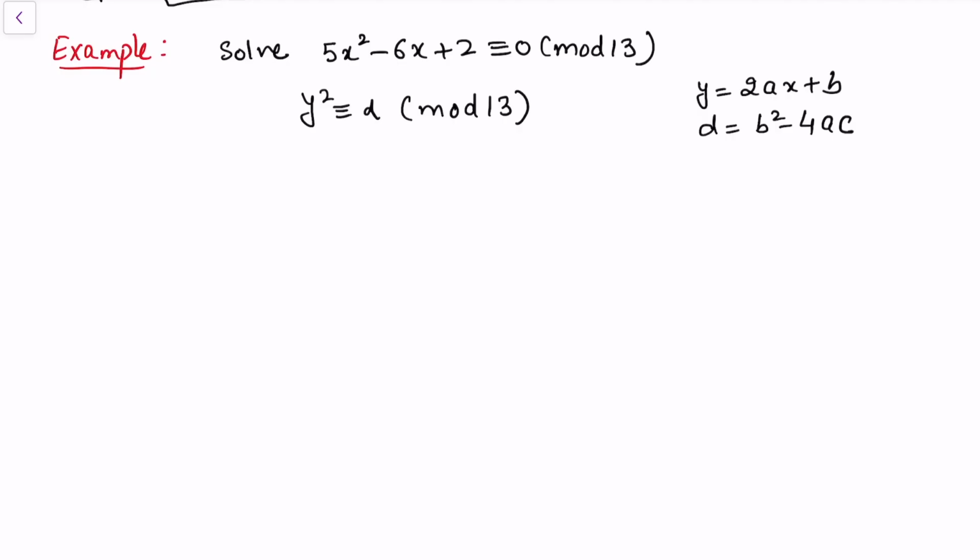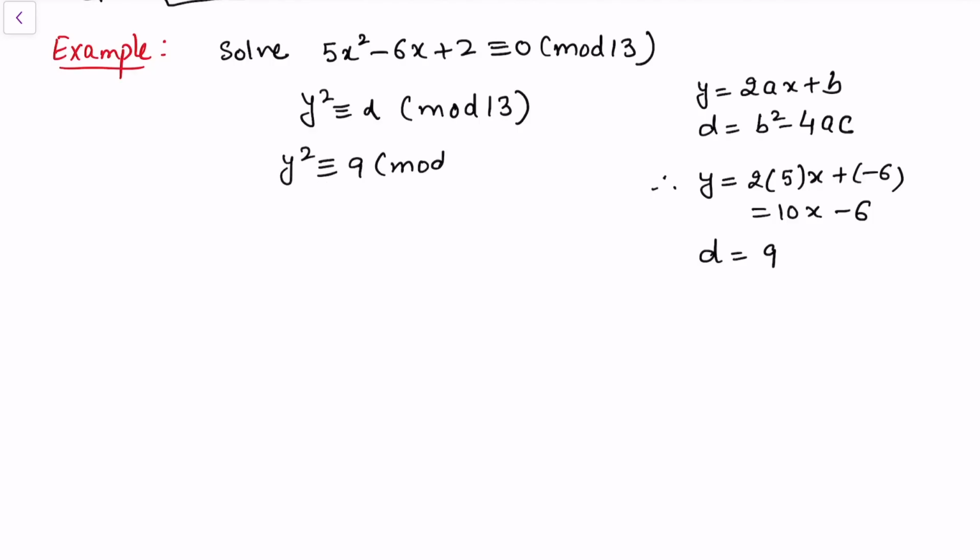Taking the values of a and b, y is 2 times 5 into x plus b, which is minus 6. So this is 10x minus 6. And d is 9. In this case, I want to solve the congruence y square is congruent to 9 modulo 13.